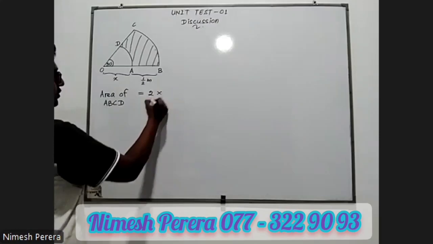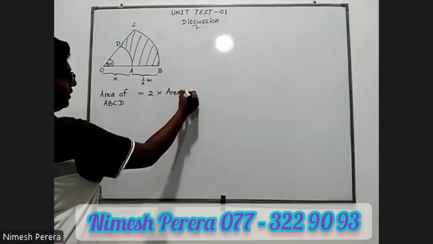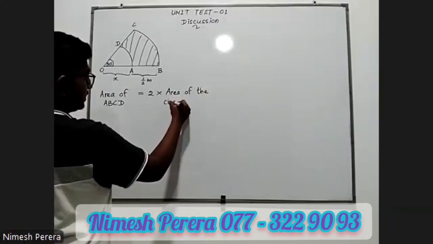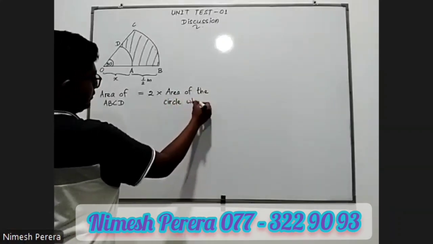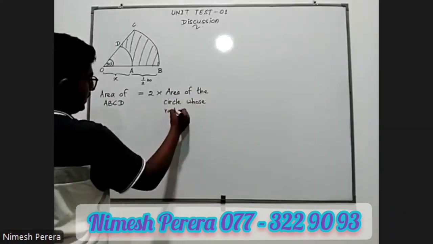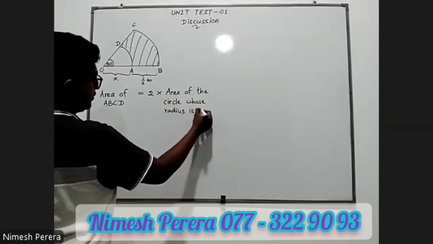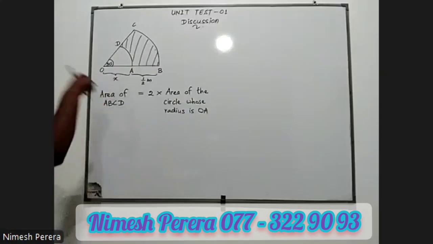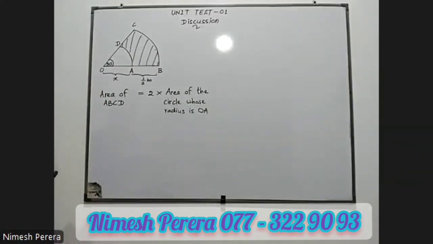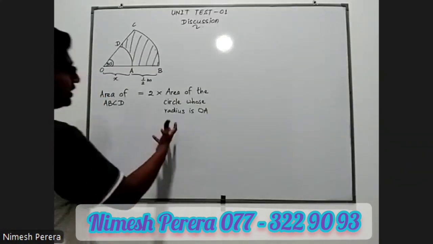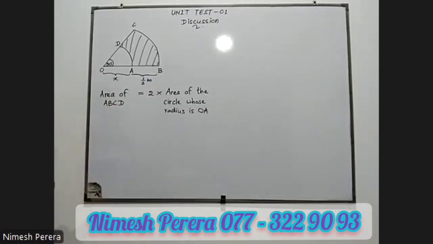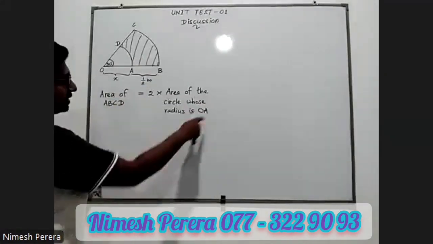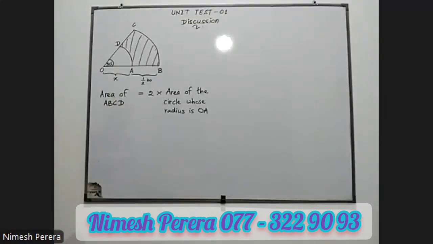That means 2 into area of the circle whose radius is OA. So OAD is a sector, but for this data we have to consider the circle. Area of the shaded figure ABCD is equal to 2 times area of the circle whose radius is OA.